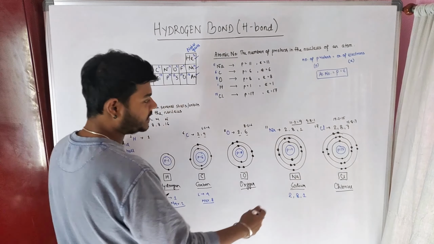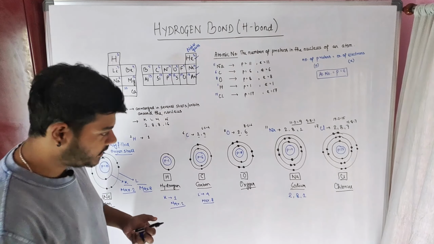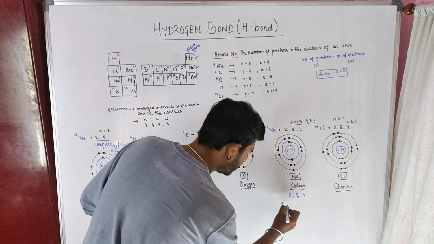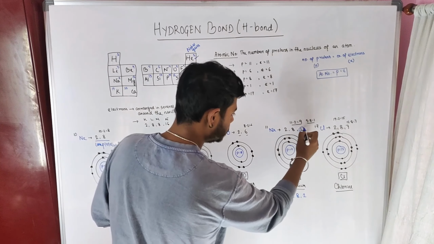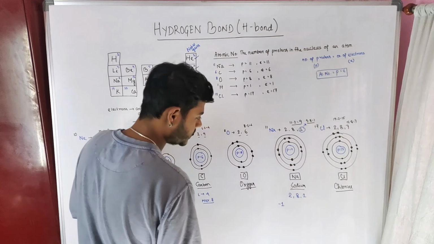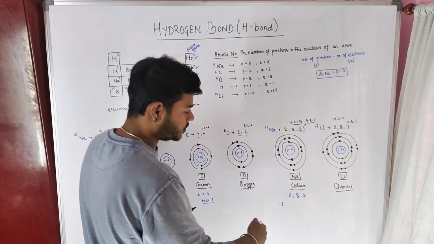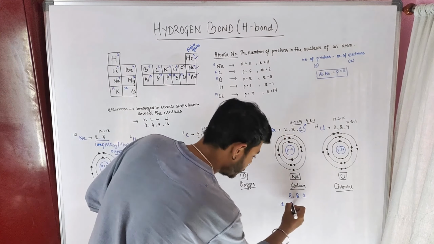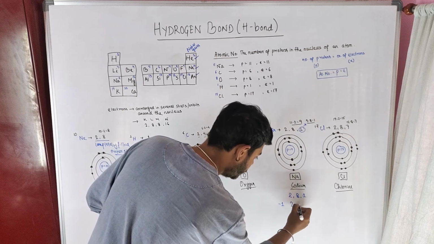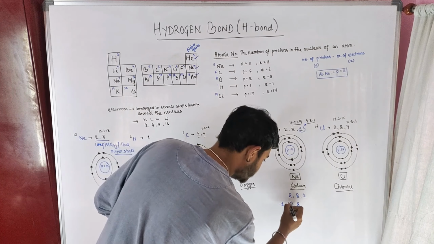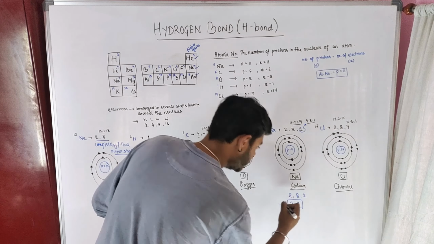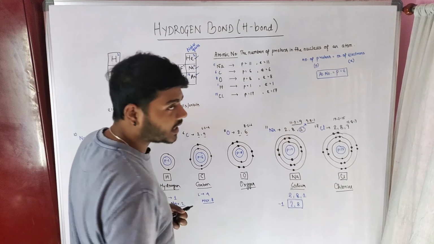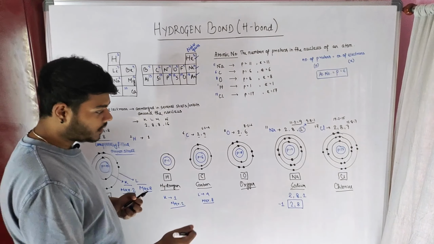In order to achieve a completely filled outermost shell, it can either subtract one of the electrons or take in electrons. So if I subtract one electron, I will have 2, 8. So this is a stable configuration.